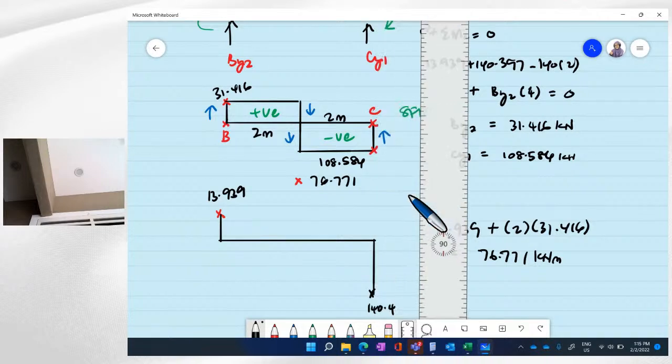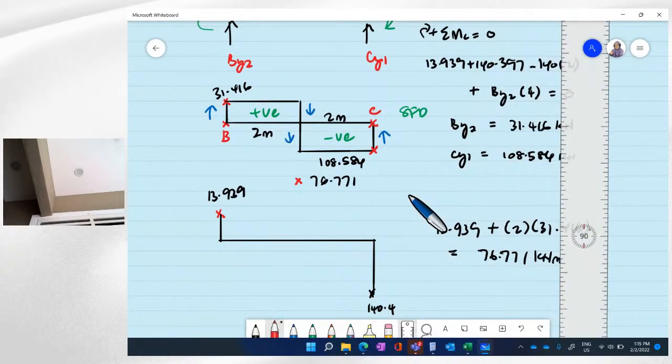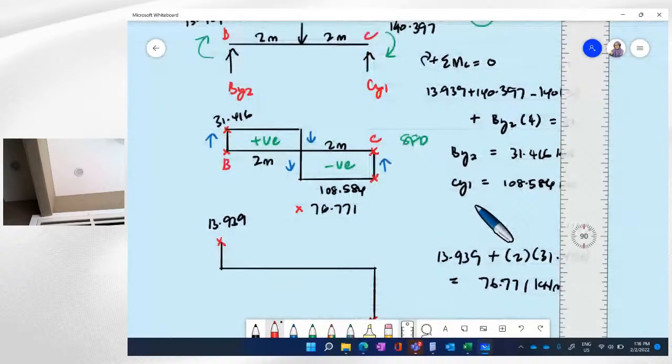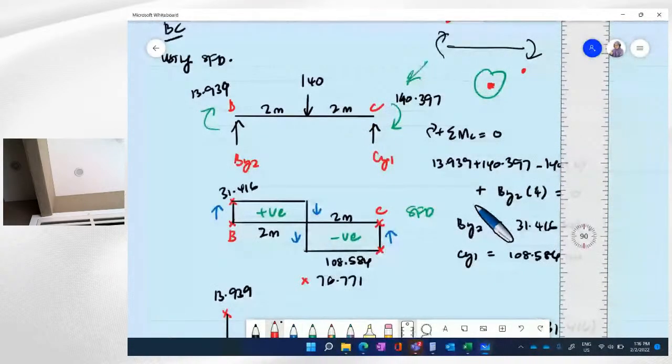Okay, so this is the point. This is negative, and the moment is positive. This is the moment. Okay, the moment is positive.